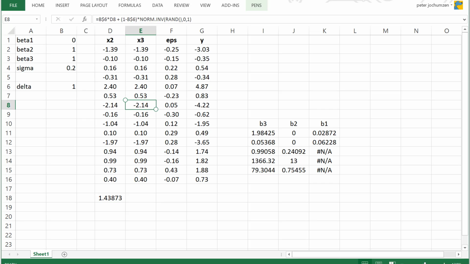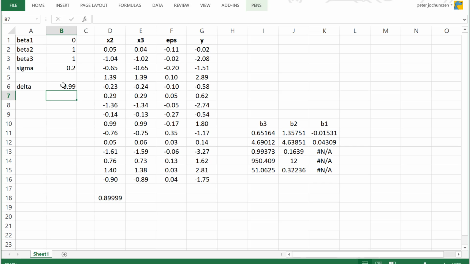This is perfect multicollinearity. If I just change it to something less, then it's no longer perfect multicollinearity, because as you can see, x2 and x3 are now no longer exactly equal.